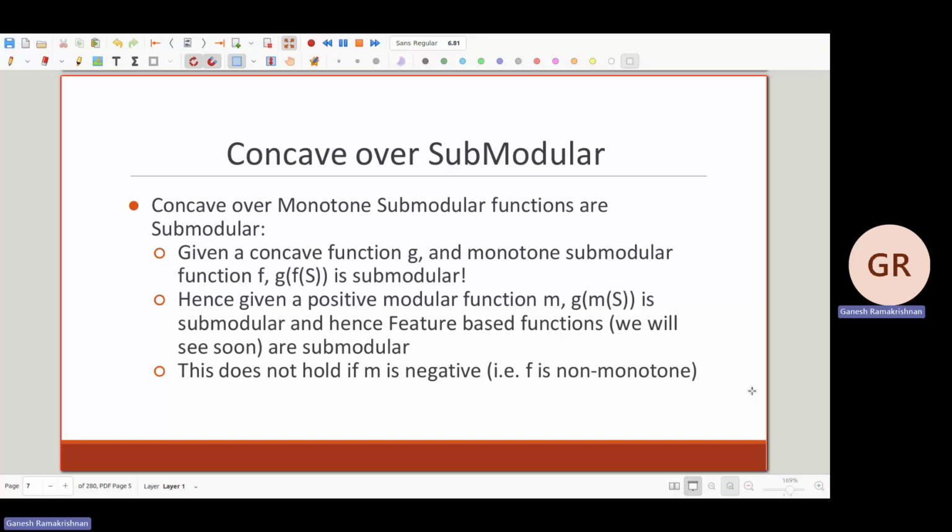So the inside function should be monotone. It can be submodular in general, though we have just taken a modular one. And the outer function must be concave.